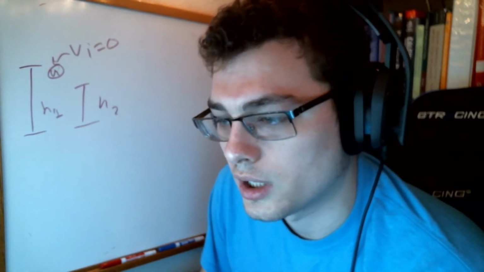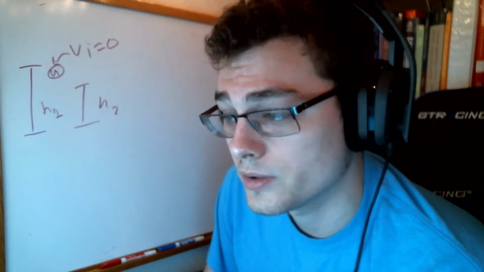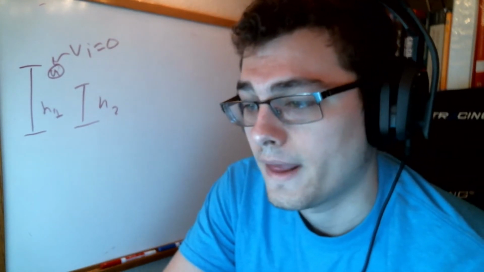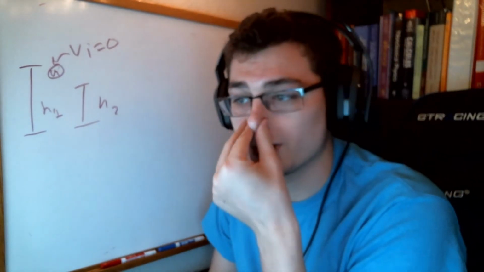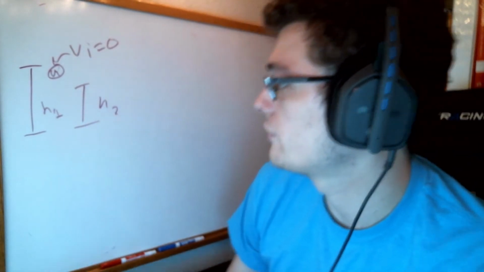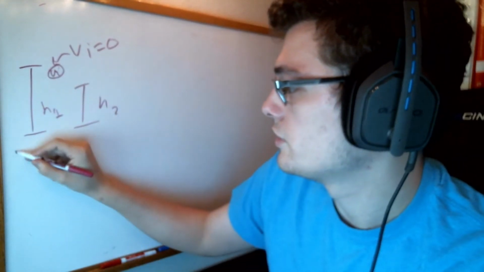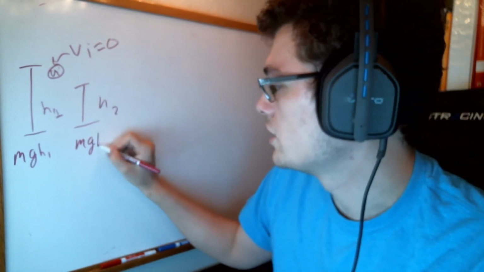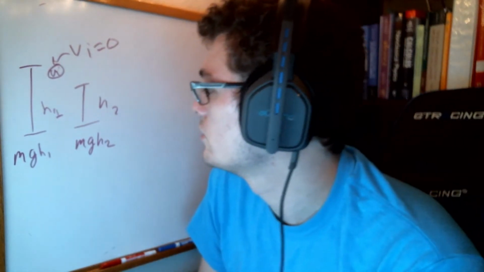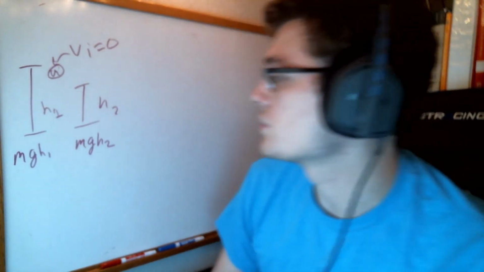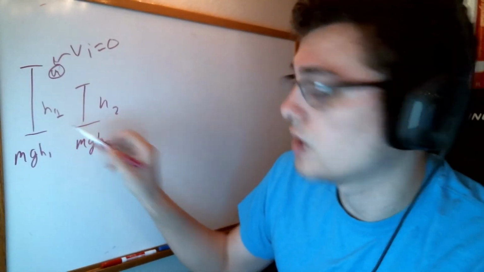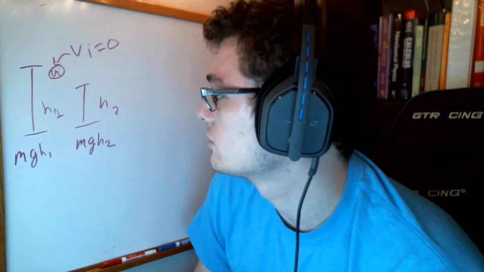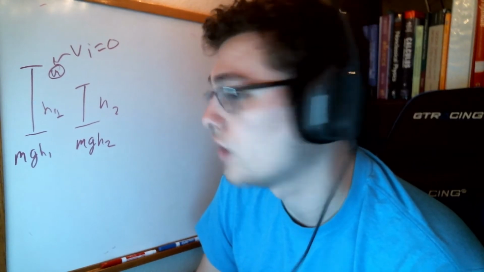So we are finding an expression for the impulse that the baseball experiences when it bounces off the ground. The first thing you're going to want to do is consider the two energies here, mgh1 and mgh2. We can see that there's a certain amount of energy that's taken away when it collides with the ground, since it doesn't return to its full height like it did before.